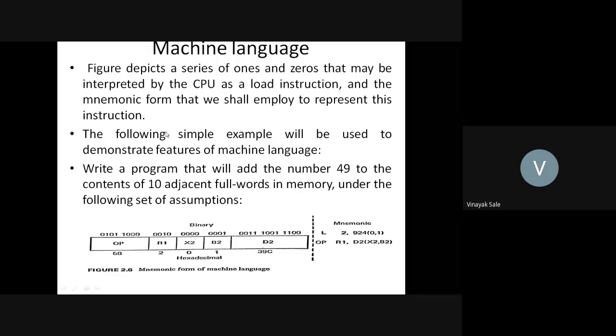Here we have taken the binary form of the number 924, in 01 format. Above the boxes is the binary form, below the boxes is the hexadecimal form, and in the box it is the mnemonic form.